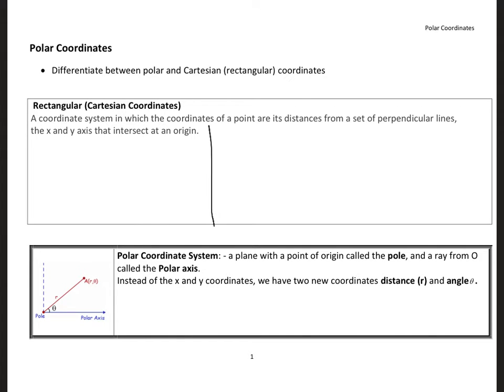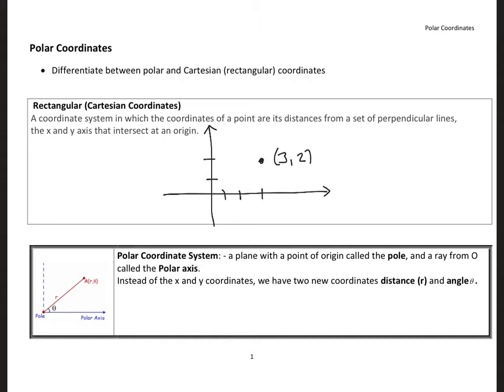If this is my xy axis, and I have a point, suppose the point is (3, 2). So those are the coordinates. What does this mean?